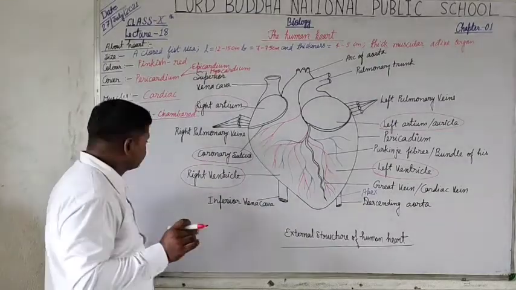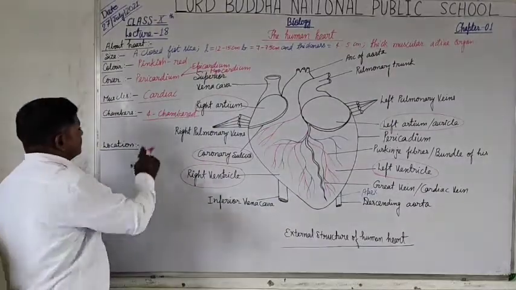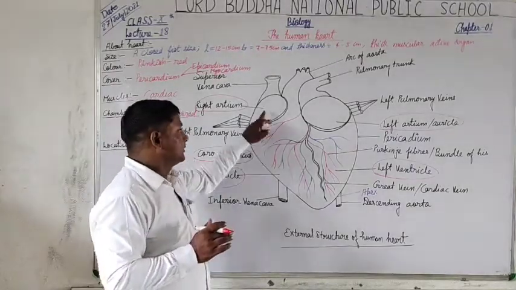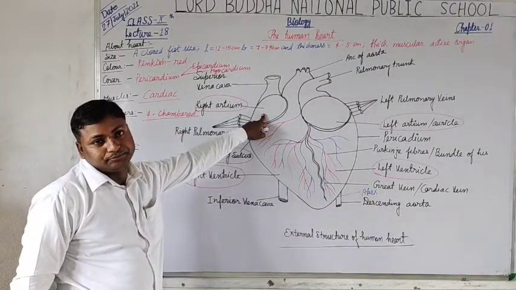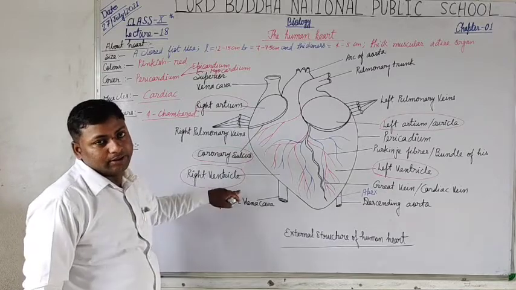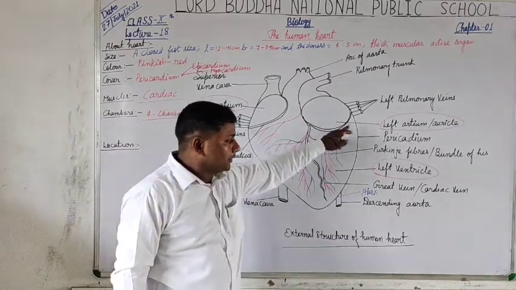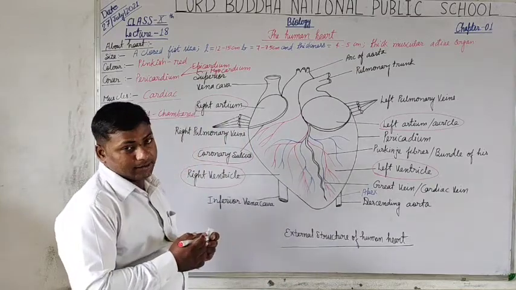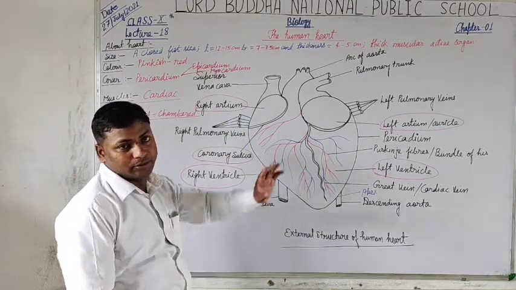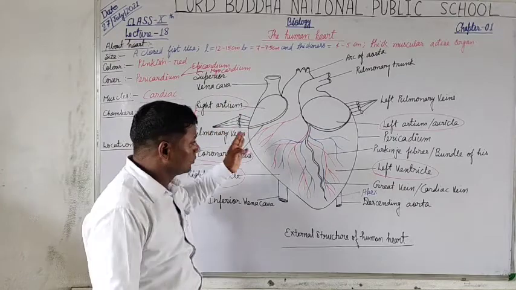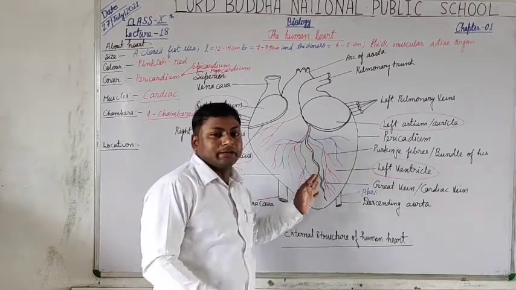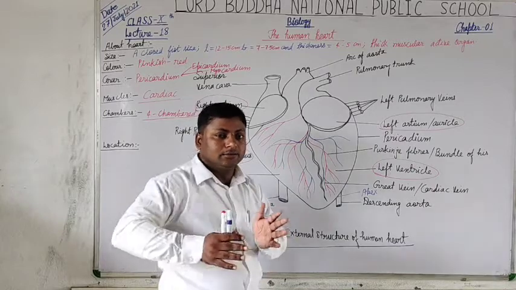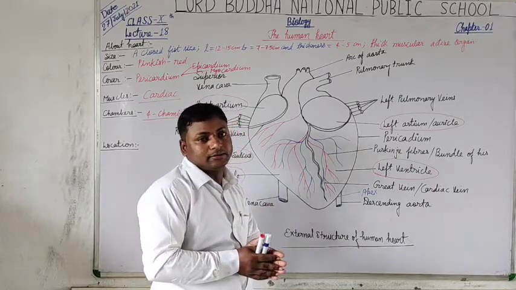Is that clear? Thus the human heart has 4 chambers: the right atrium, right ventricle, left atrium and left ventricle. And students, in the internal structure of the human heart, we will also discuss the septum that divides the auricle from the ventricle and the two ventricles. Is that clear?